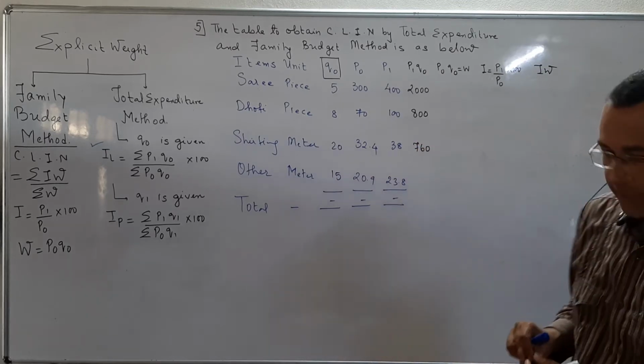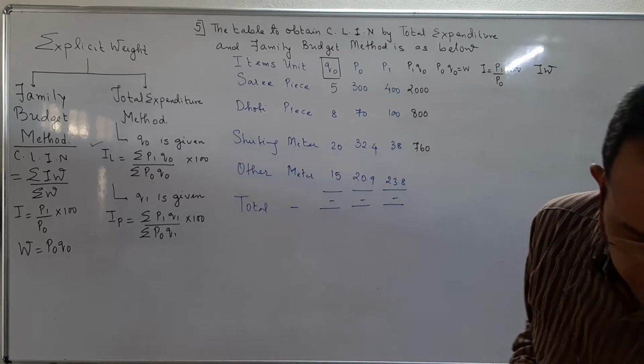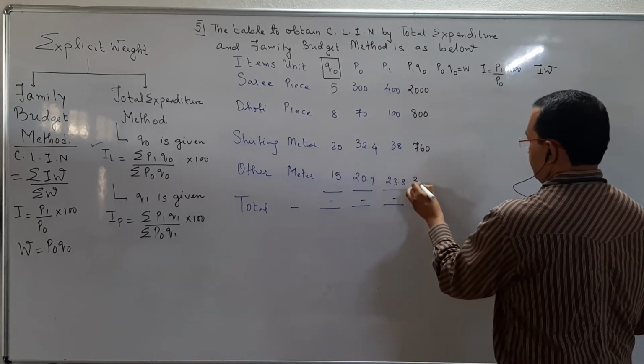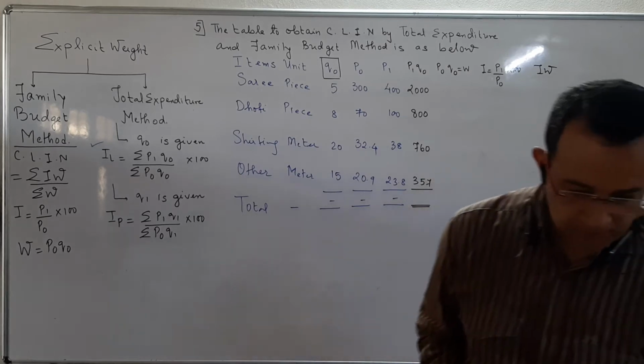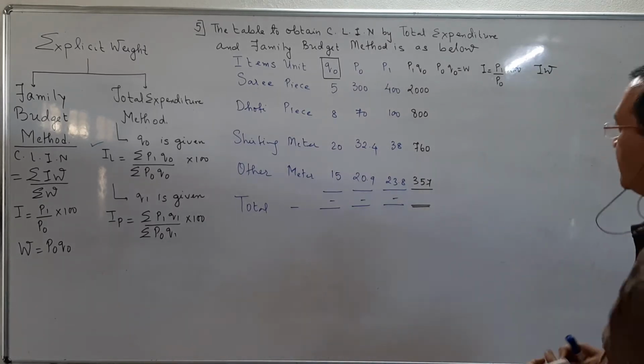And 23.8 into 15 will be 357. This total comes out to be 3917.